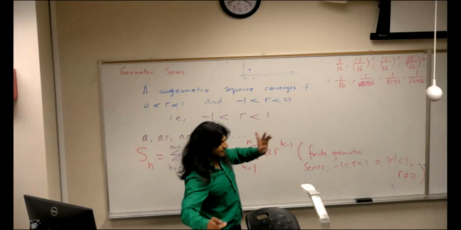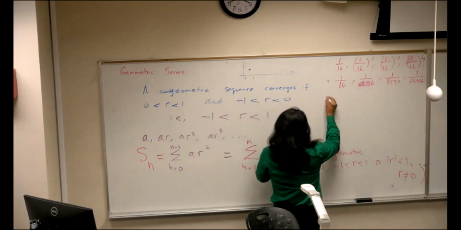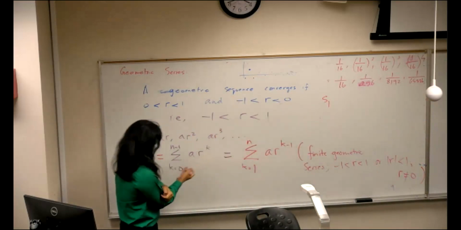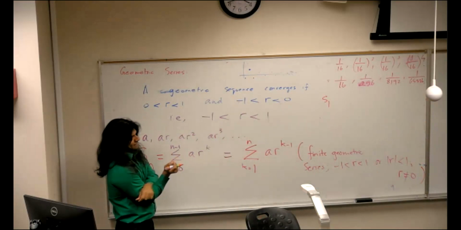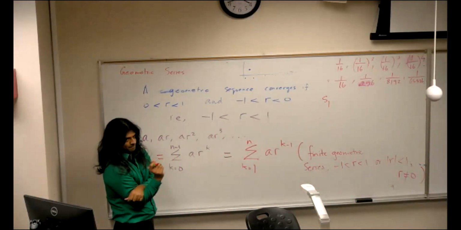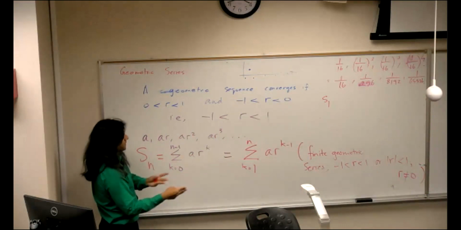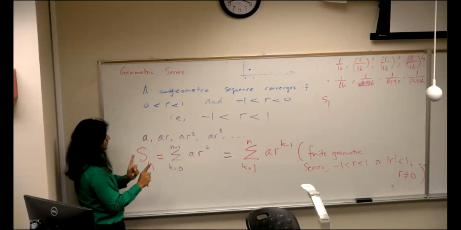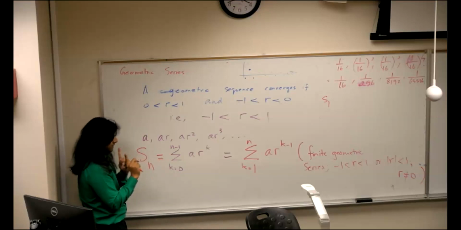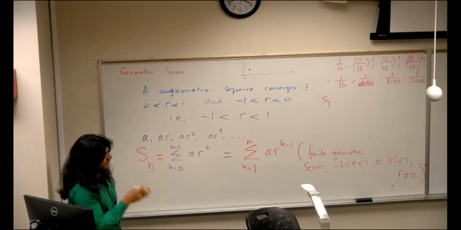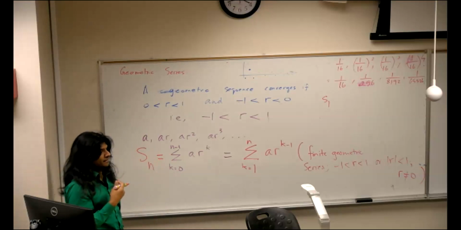Let's say we want to find S1. What is S1? Doesn't matter whether you use this or that, the answer will be the same. One term. So the nth partial sum, S1, would mean you're just moving one step. You're summing the first term.